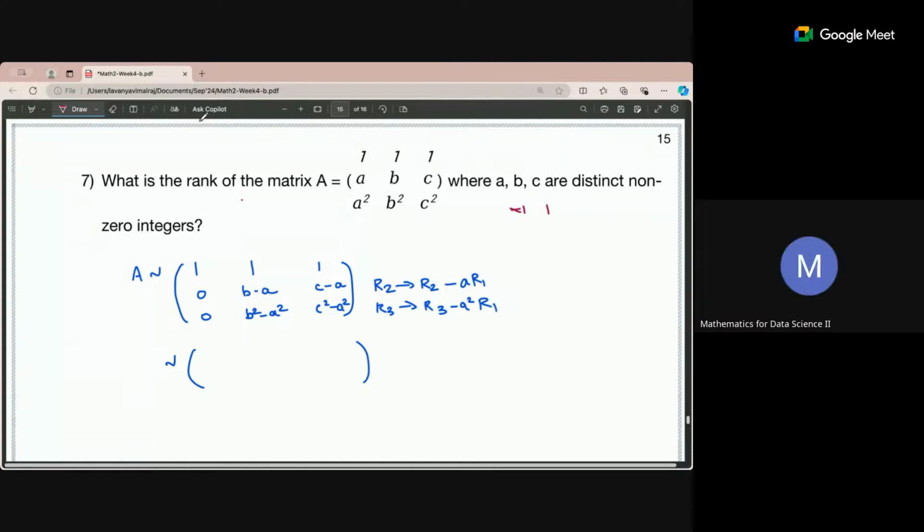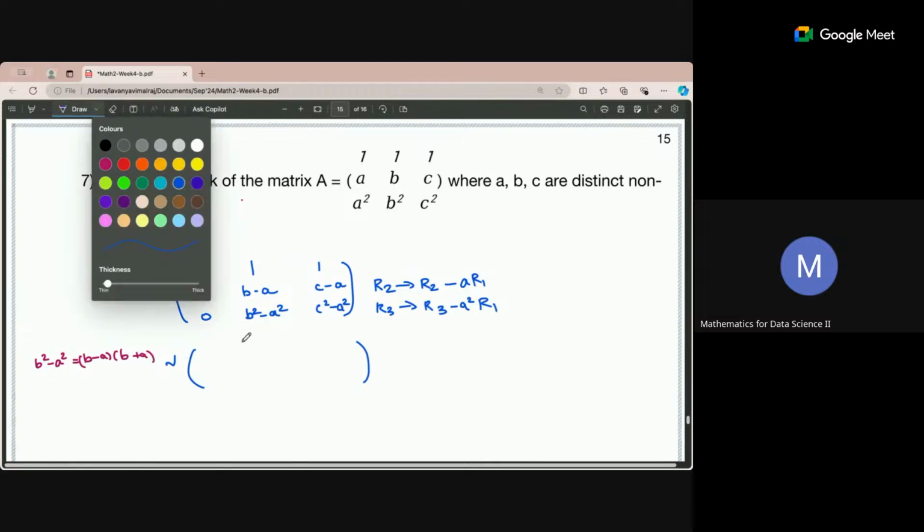So here one property you can use. Here you have B squared minus A squared and here you have B minus A. What is the relationship between them? B squared minus A squared is B minus A into B plus A. No need for any division if you know this formula. Now can you tell what step we need to do?